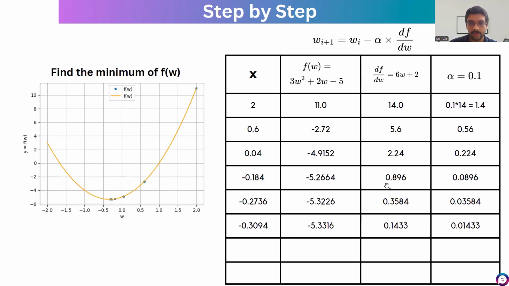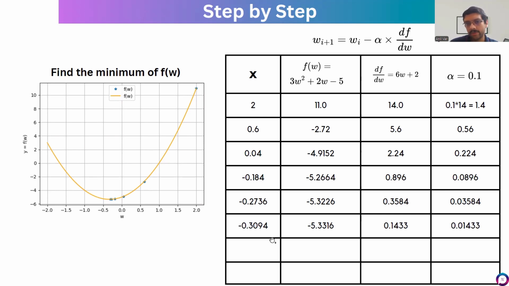0.0358. Let's take that step. You end up at minus 0.3094. The function value is again changing a little more, but you're starting to see that this is converging to minus 5.33. You're starting to see that the function minimum is around this value, because the change in the function value is becoming much smaller. Again, the derivative is becoming much smaller.